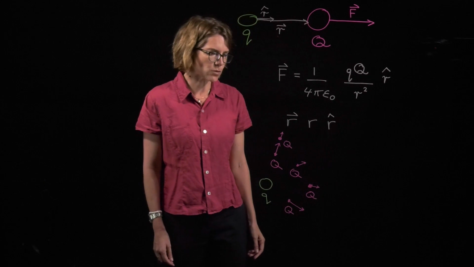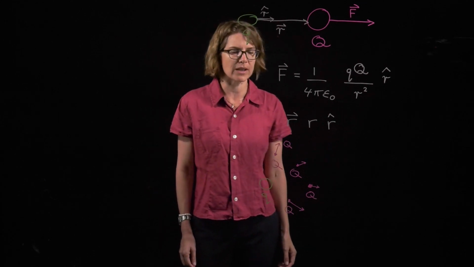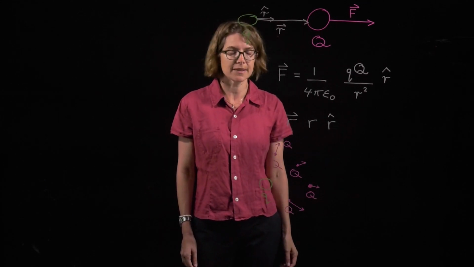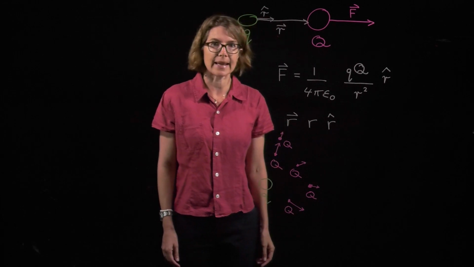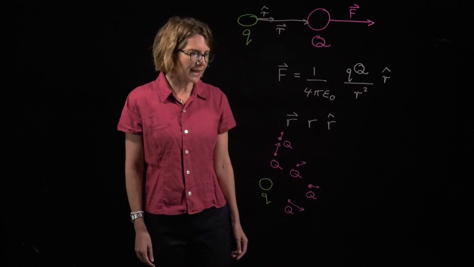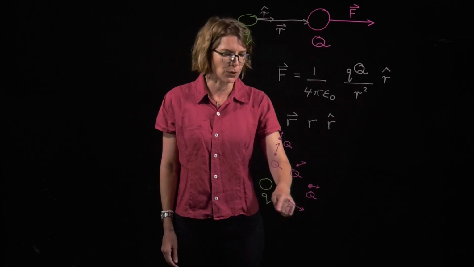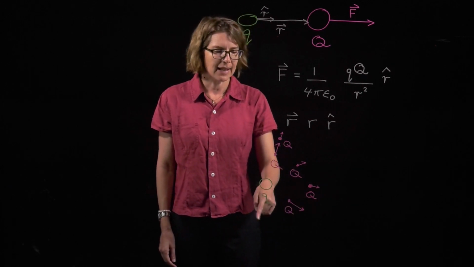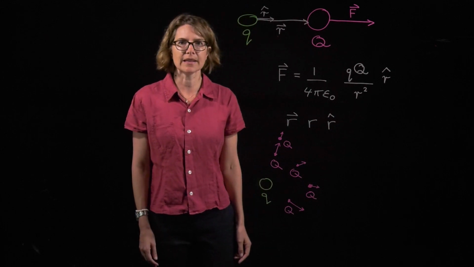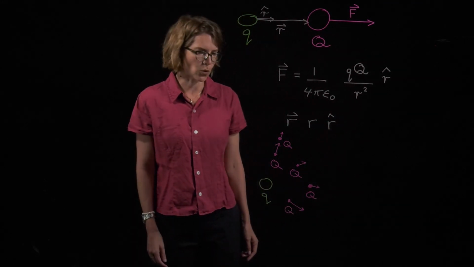So a field is where we assign a vector to every single position in space. And it's a really useful way of thinking about what happens to any charges, such as uppercase Q, that we put around there, while ignoring the little q, the charge that's caused the force.